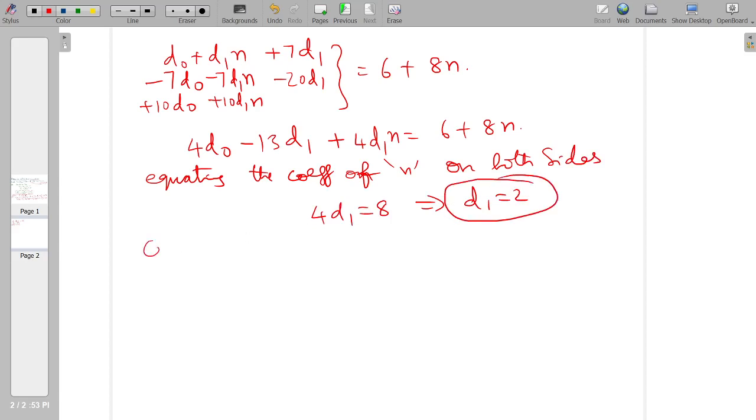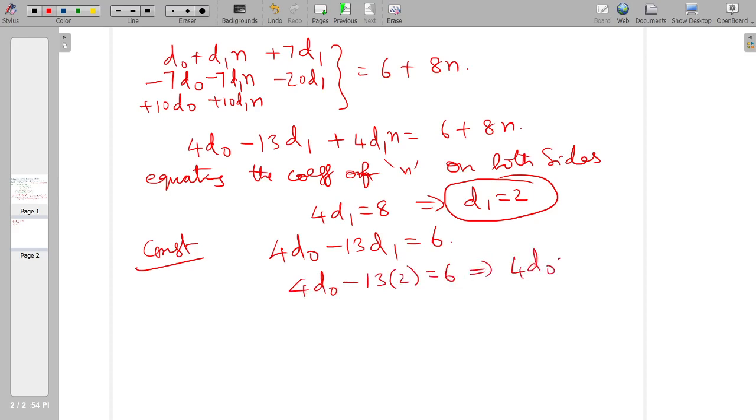When you equate the constants, you have 4 d0 minus 13 d1 is equal to 6. 4 d0 minus 13 into 2 is equal to 6, and from this 4 d0 is equal to 6 plus 26, which is 32, and from this d0 is equal to 32 by 4, which will be 8.